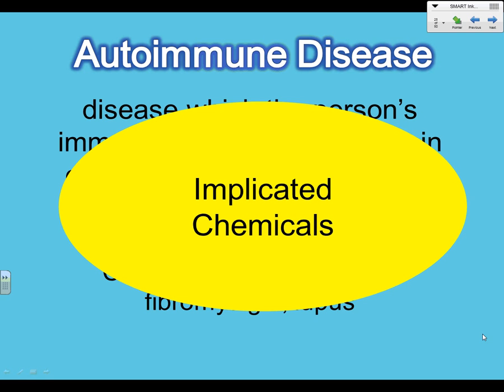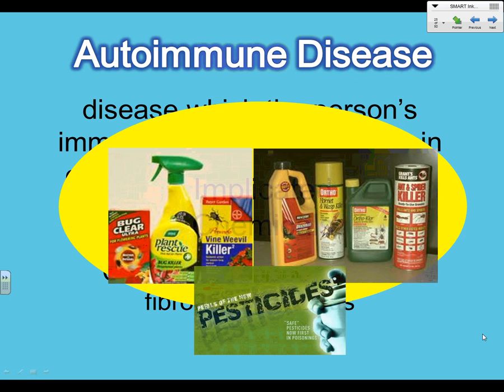Implicated chemicals. What does implicated mean? Things that are associated with it. So one of the chemicals associated with autoimmune disease would be pesticides. Research has been done that autoimmune disease is associated with the use of pesticides.